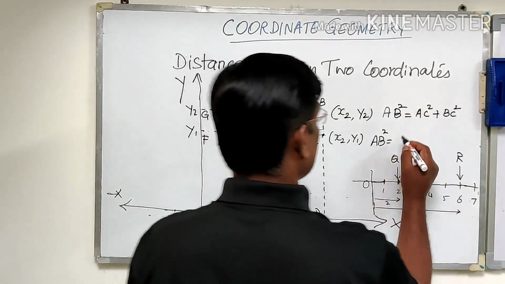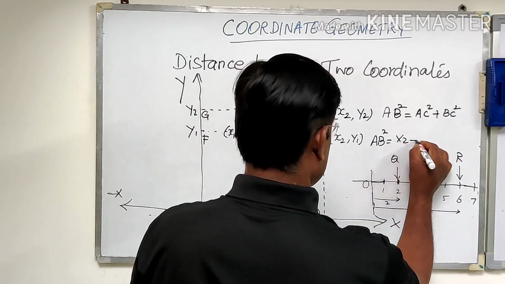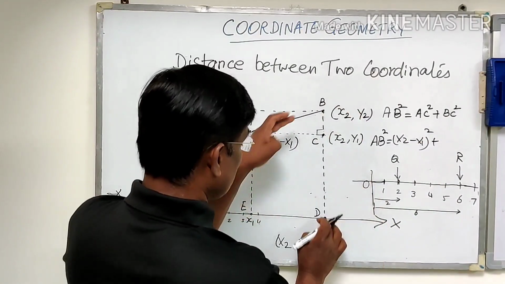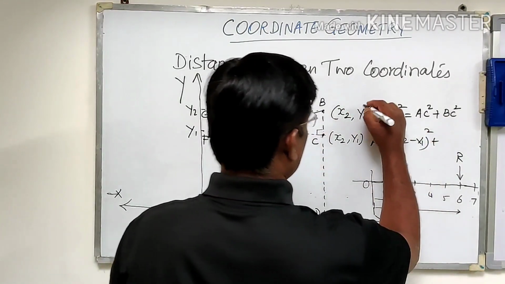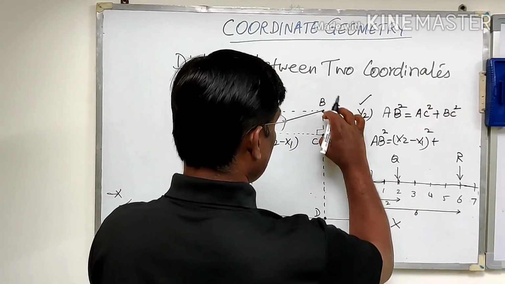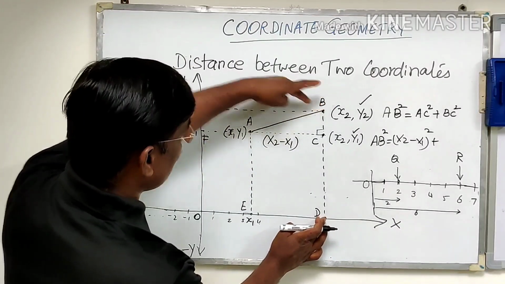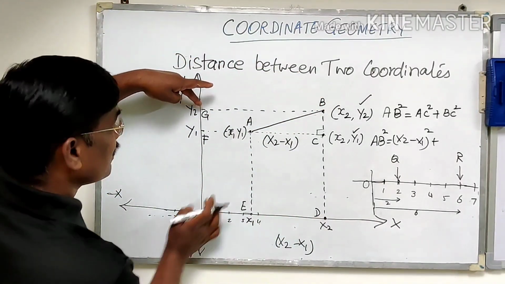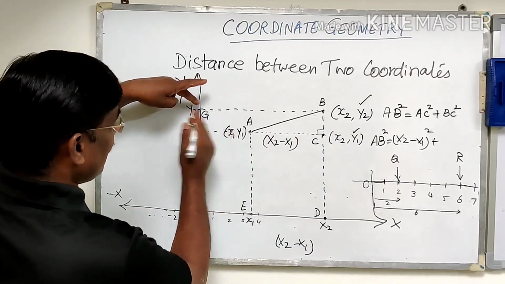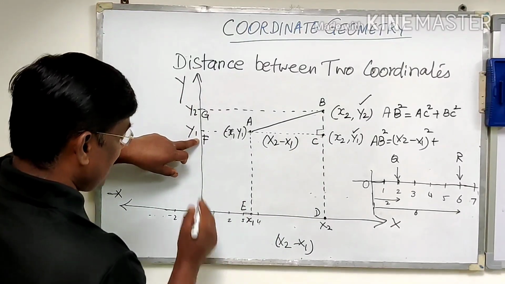Now let us substitute here. AB square is equal to AC square, and AC is x2 minus x1 the whole square. Similarly BC is y2 minus y1. How is it y2? Because B and G are at the same y level, similarly C and F are at the same level.